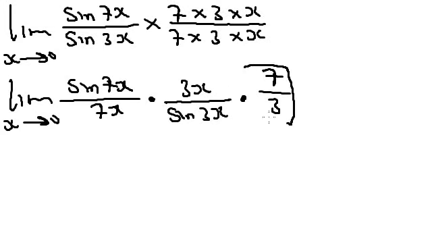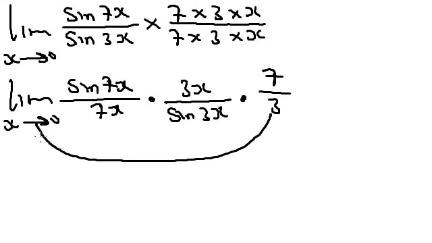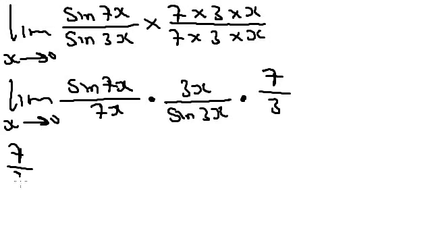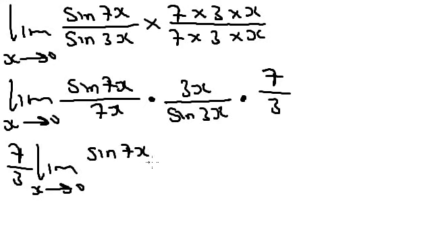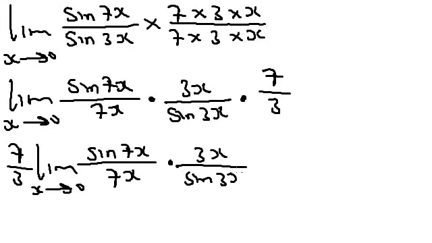Now since this 7 by 3 is a constant, we can bring it to the front of the limit. And therefore we can now have 7 by 3 multiplied by the limit as x approaches 0 of sine 7x all divided by 7x, multiplied by 3x all divided by sine 3x.